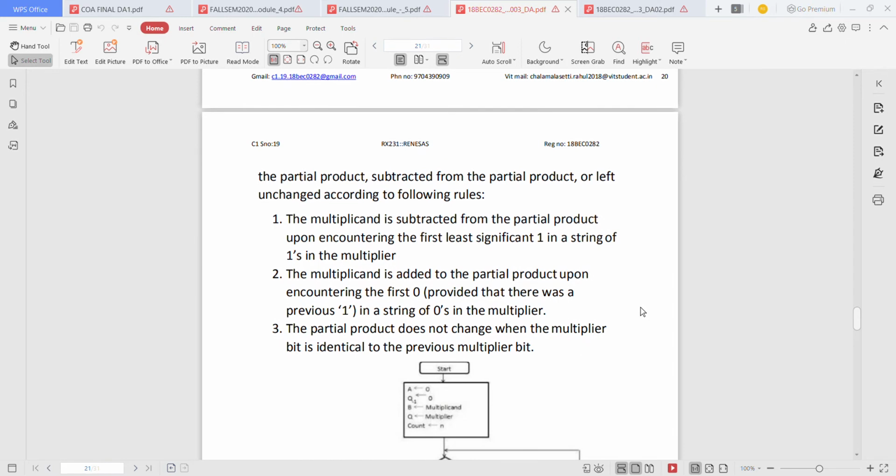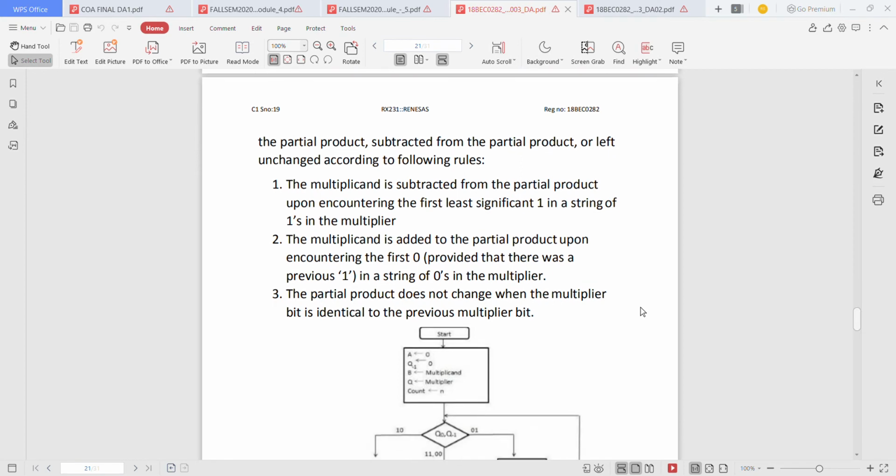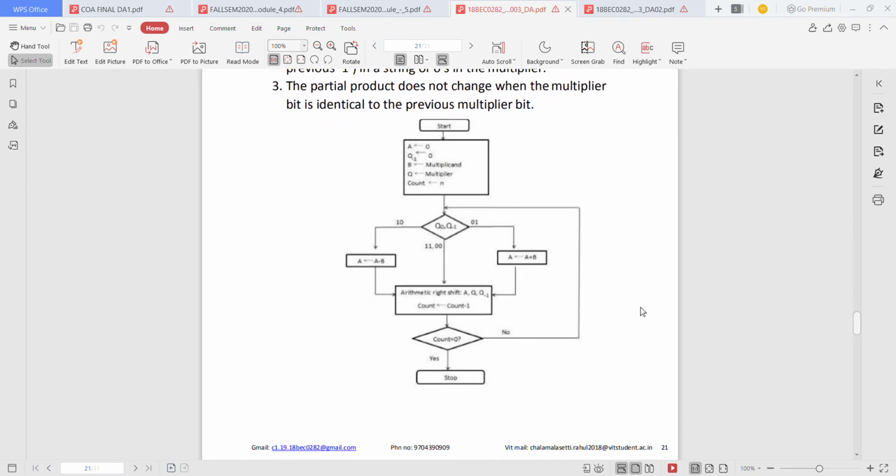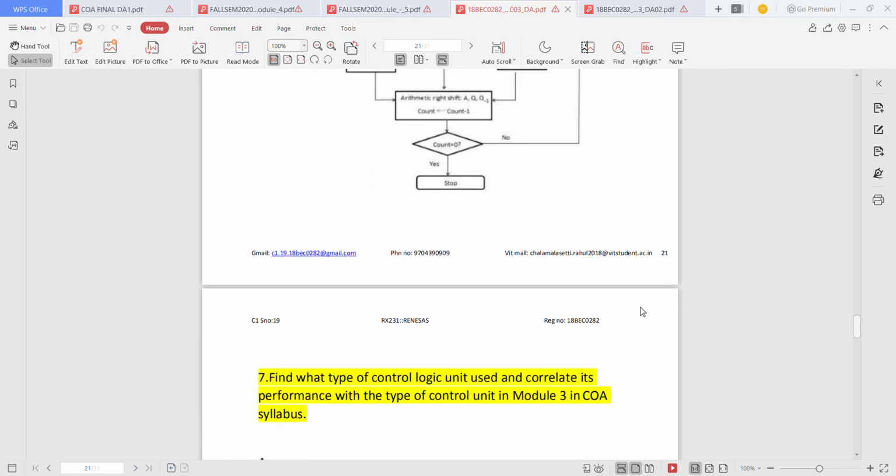The multiplicand is subtracted from the partial product upon encountering the first least significant 1 in a string of 1s in the multiplier, and the multiplicand is added to the partial product upon encountering the first 0 after a previous string of 1s in the multiplier. And this is the block diagram, the way I explained.